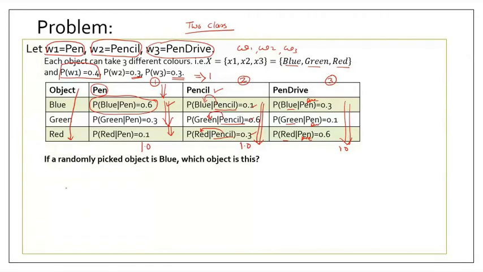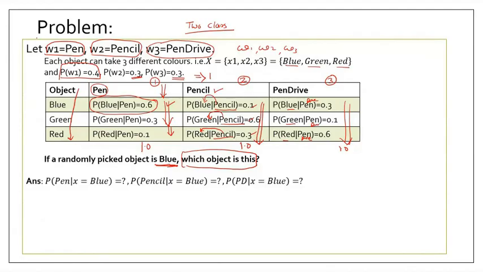Now the question is: if a randomly picked object is blue, I have selected some object and it has been observed that it is of color blue, which object is this? How do we find out? We find these three probabilities.